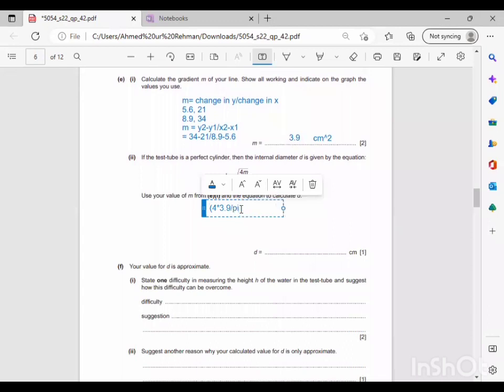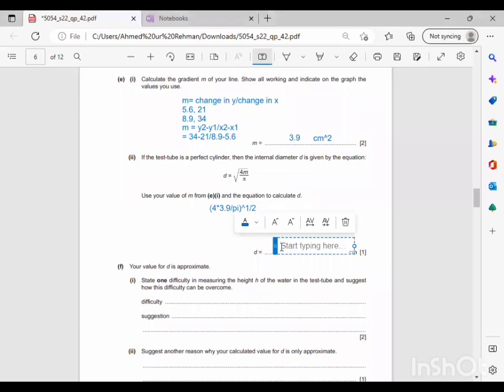Here I cannot put the actual value, so I'm just going to put 22 divided by 7, which is basically equal to 3.142. Let's do that: 4 into 3.9 divided by 3.142, and then the square root is giving me 2.2.